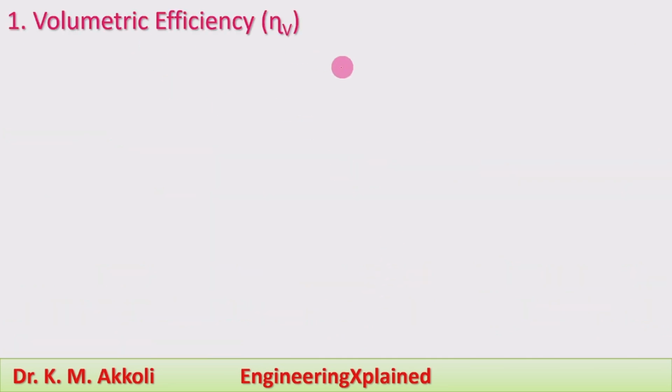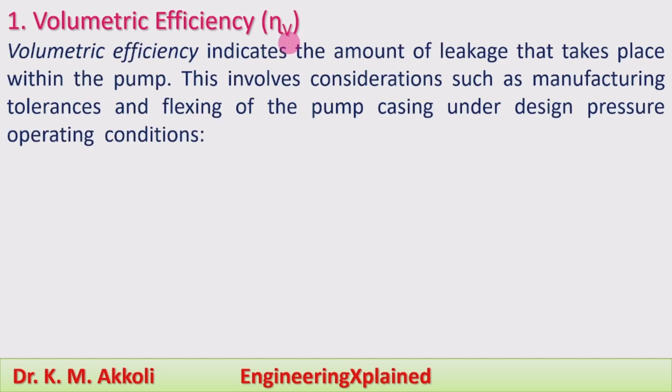First, we'll take volumetric efficiency, which is denoted as eta V. Here, volumetric efficiency indicates the amount of leakage that takes place within the pump.